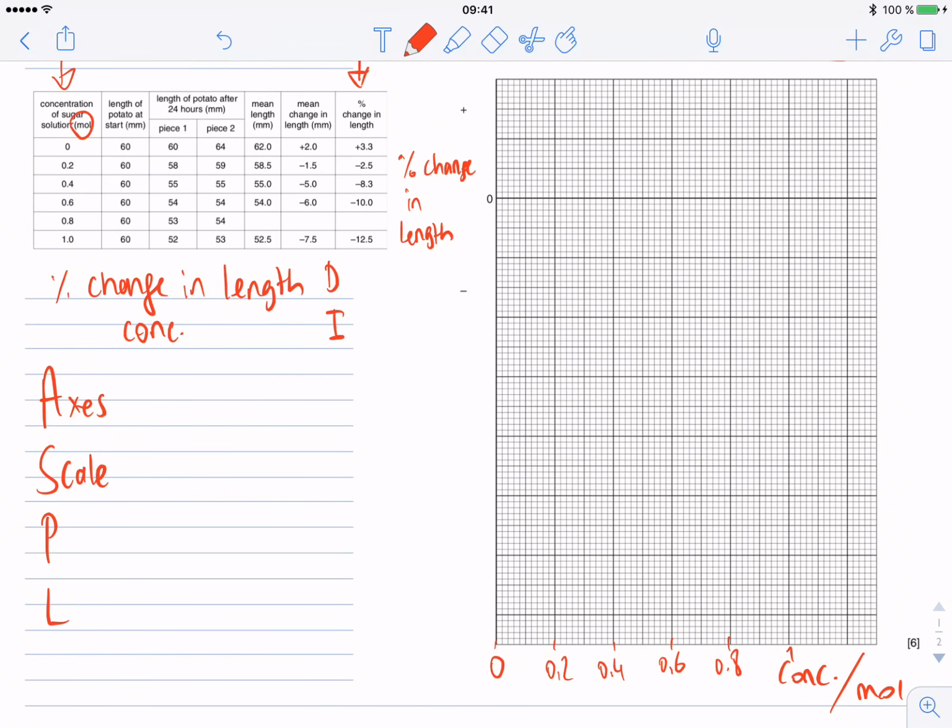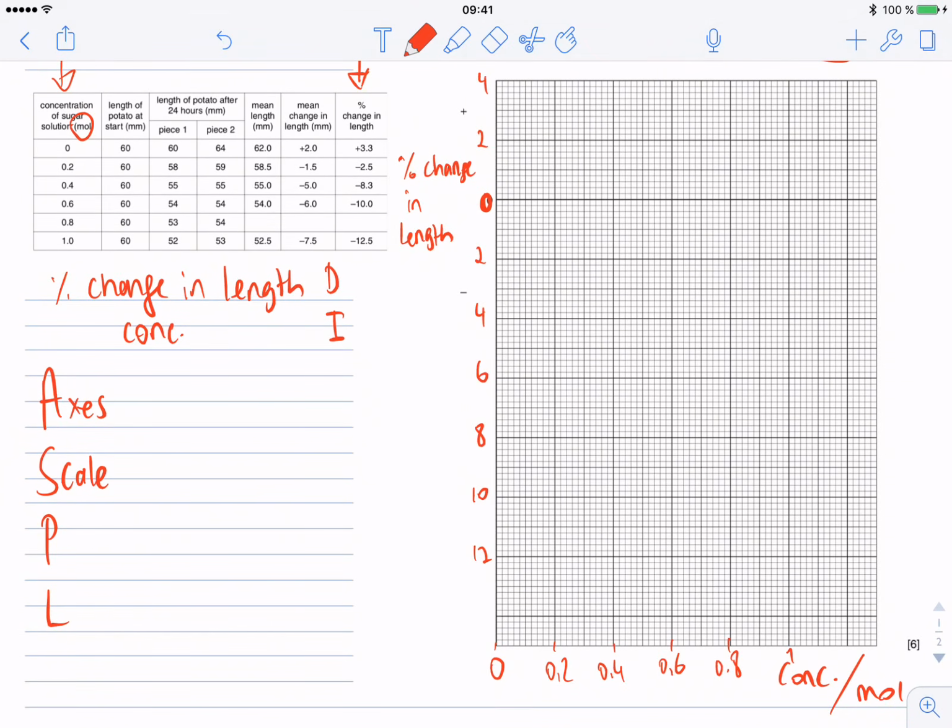So that would make our x-axis in scale. How about the y-axis? Well, pay attention. Percentage change in length is also in minus value. So that's why the graph starts from 0 here. Okay. So I can label here 2, 4, 6, 8, 10, 12. Right? So which will make the same here, 2, 4 on the top. Okay. Step 2 is also complete.